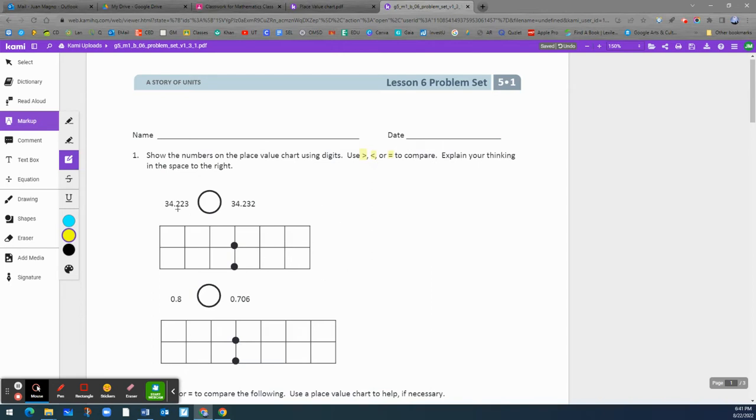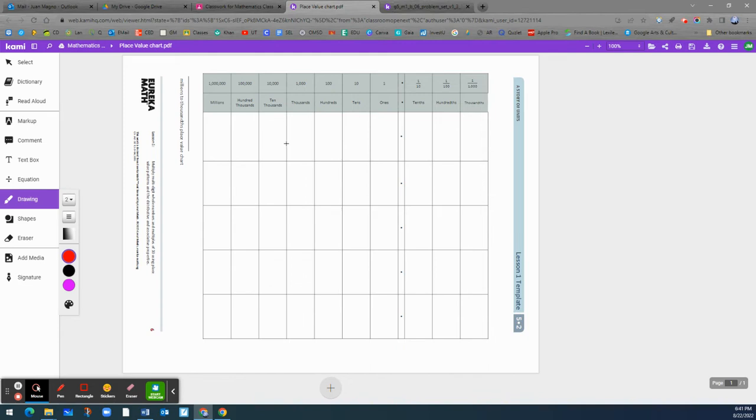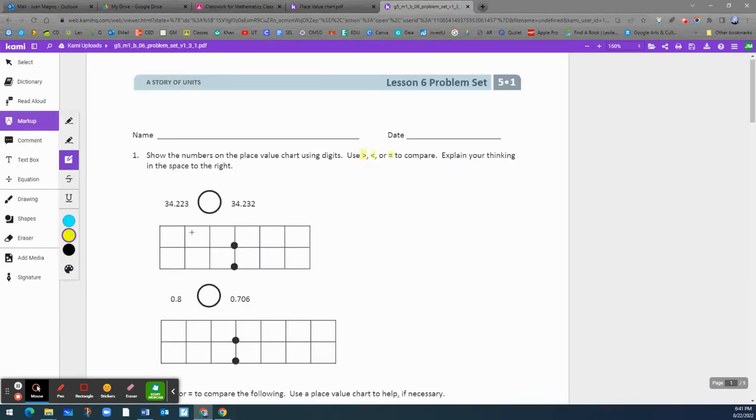So the first number is 34.223. So I'm going to write that in my place value chart. 34 point, which is the decimal point, 223. And now I'm going to grab the second number, which is this number right here. Let me get my marker here.